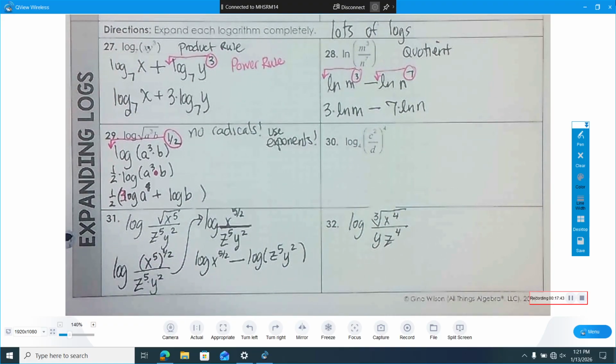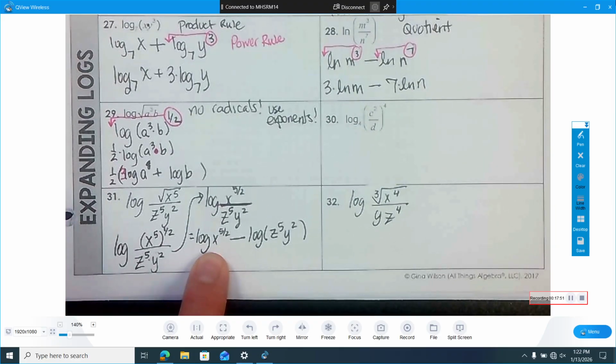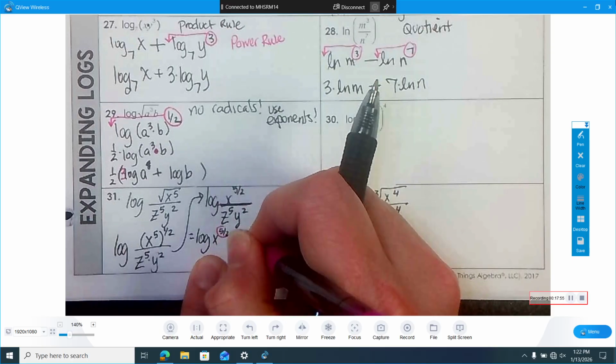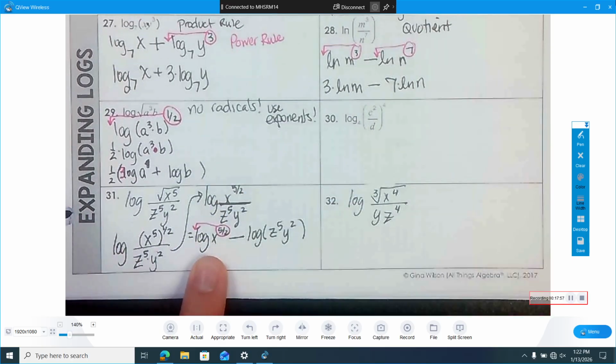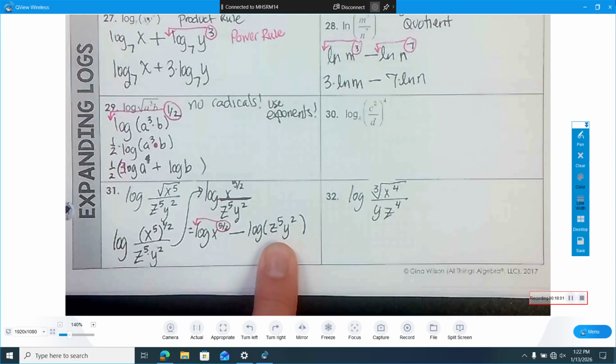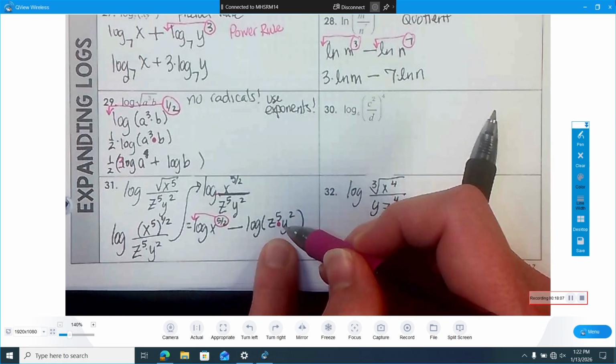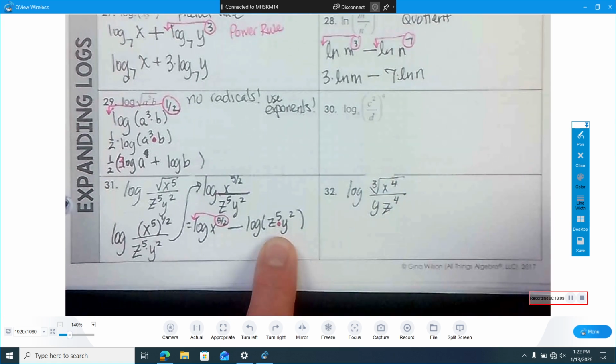So top minus bottom with logs, lots and lots of logs. All right. What can I do here with this first thing? Power play, yeah, got power play here. So that power is going to drop down in front. And what's going to happen with our second term here? Yeah, good. So we have a product rule, so we're going to expand the logs.